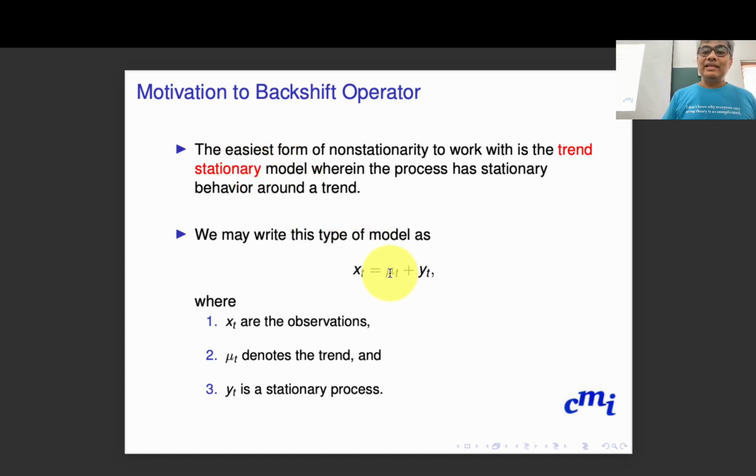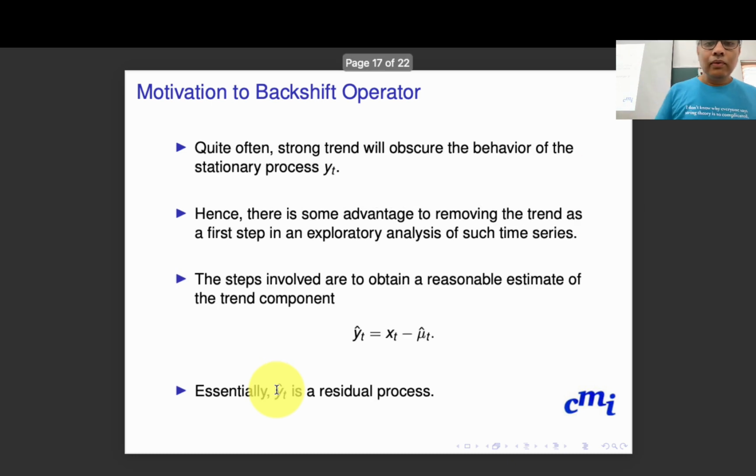So you have xt equal to mu t plus yt, where xt is the actual observation, mu t denotes the trend, and yt is a stationary process. Now, what you can do is fit a trend line. mu t hat is the fitted trend line.